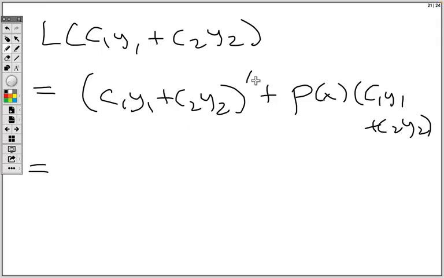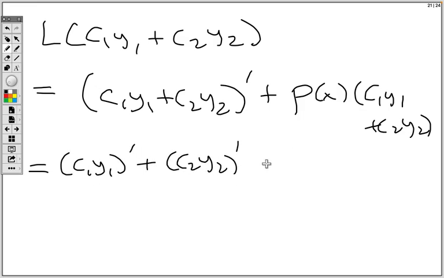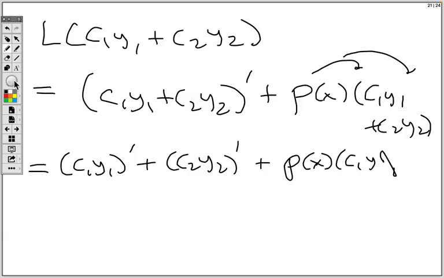So the derivative is a linear operator, so I can break this up. This would be c1 y1 prime plus c2 y2 prime plus, I can distribute p of x, p of x c1 y1 plus p of x c2 y2.